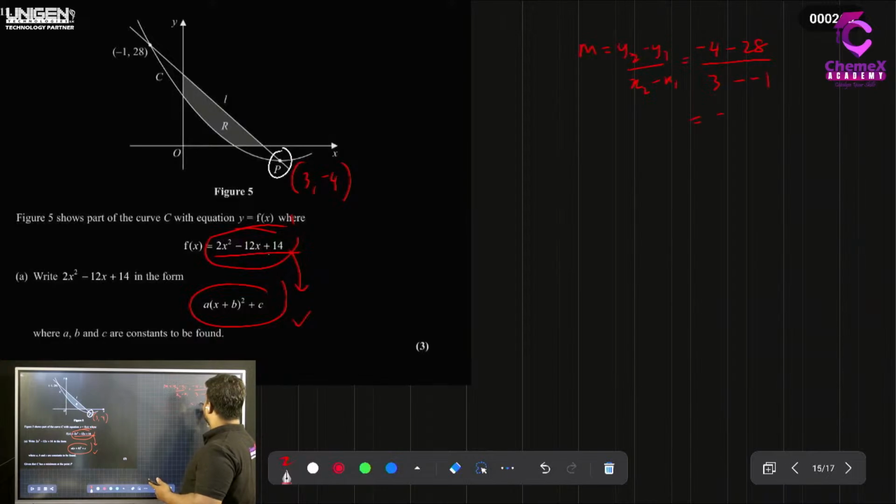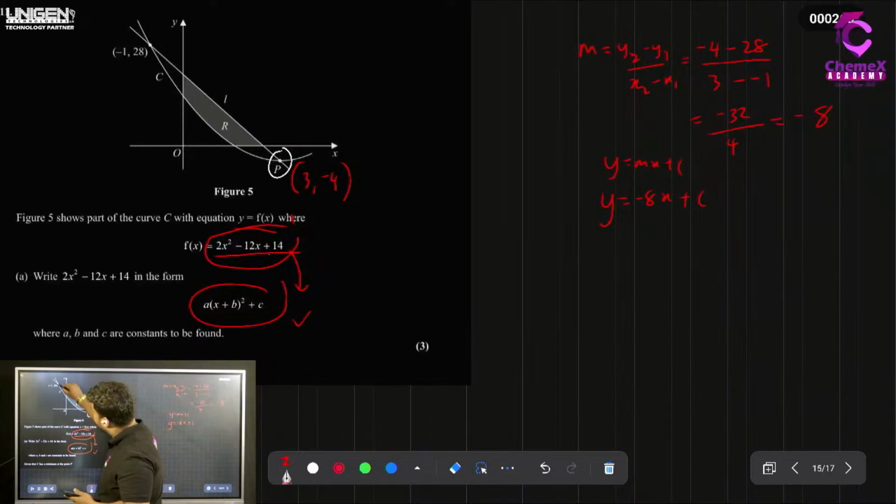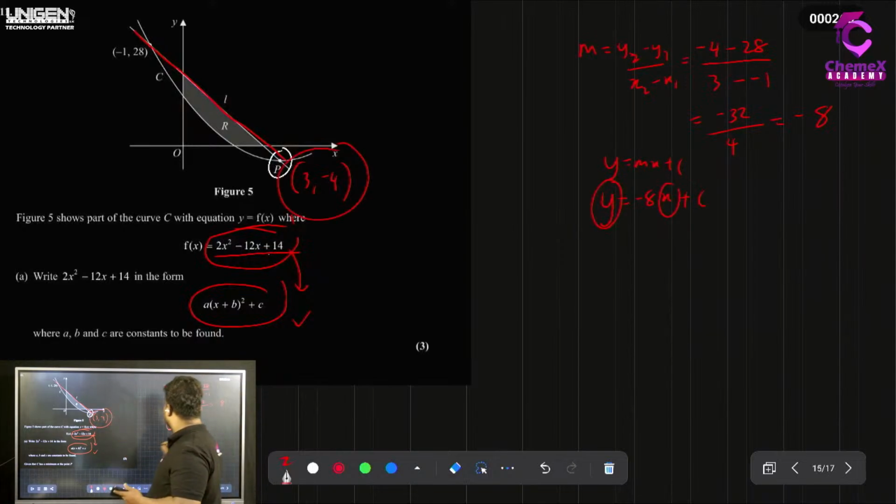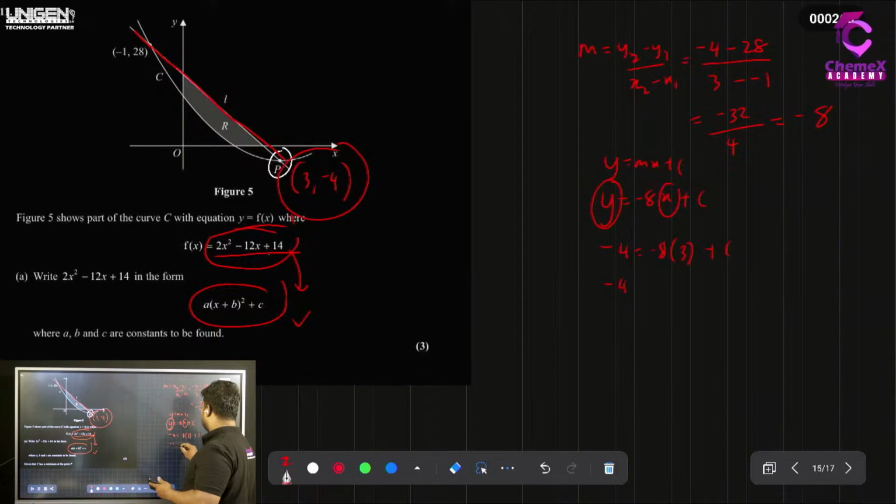So that's going to be minus 32 over 4, which is minus 8. Then y equals minus 8x plus c, which means I use the straight line equation because it's a straight line up here. Use one of the coordinates you like. I'll use this: minus 4 equals minus 8 times 3 plus c, so minus 4 plus 24 equals c.